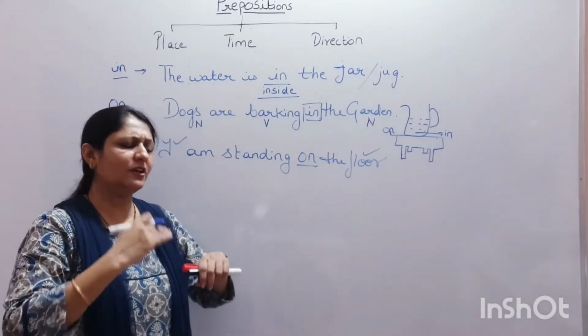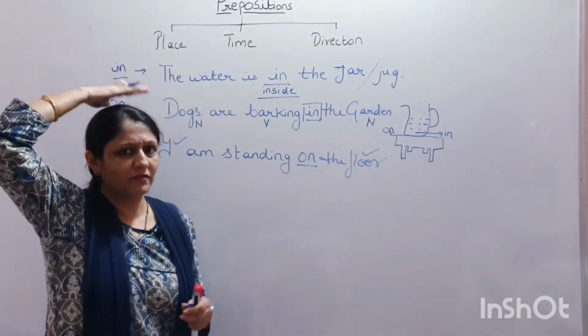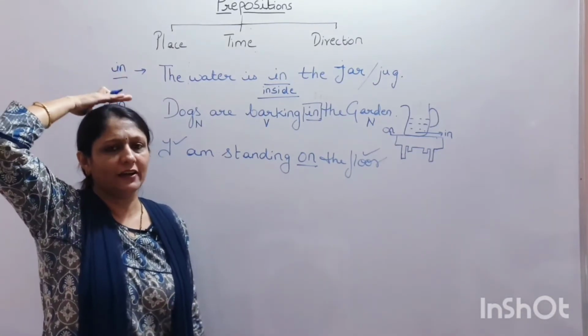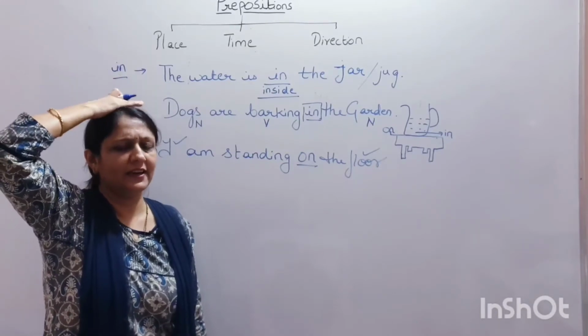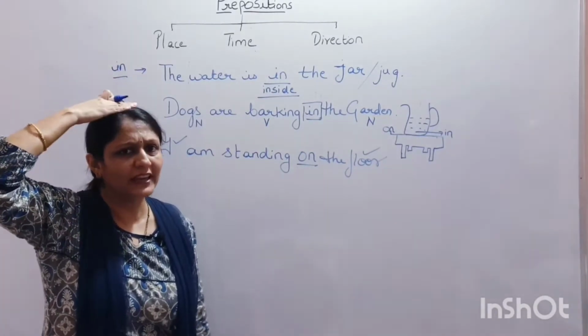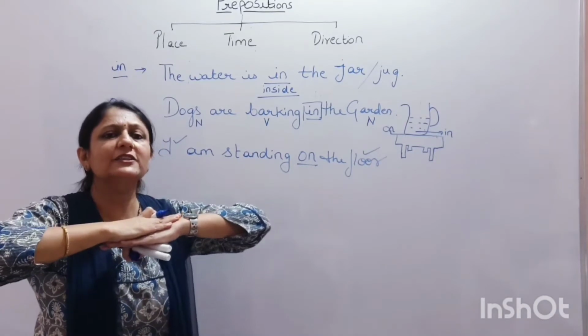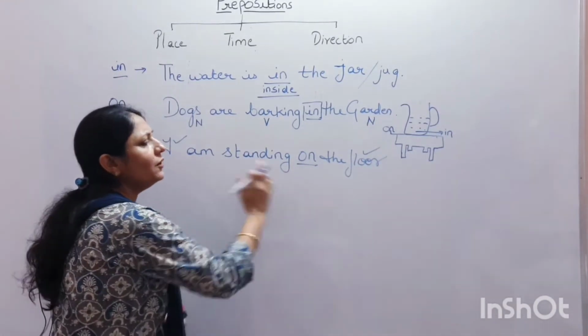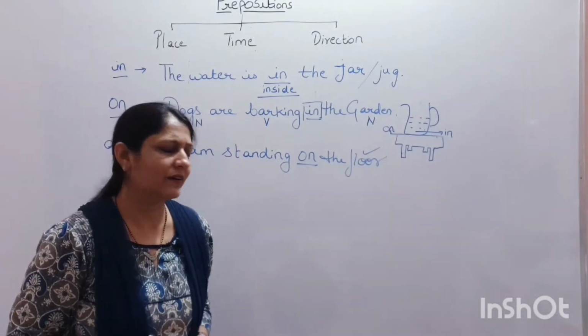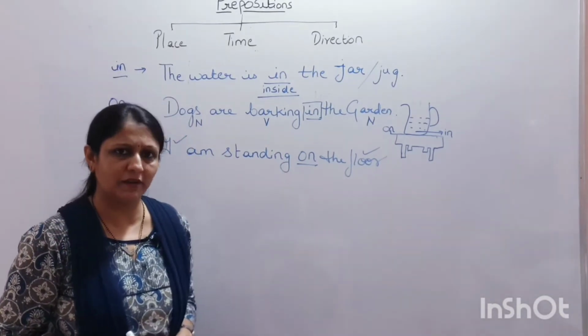When anything is on anything, suppose if I am wearing a cap on my head, I will say the cap is on my head. Anything above anything, of course, it needs to touch it, and then we say the preposition on is used to tell their relationship. So I hope this is very clear.